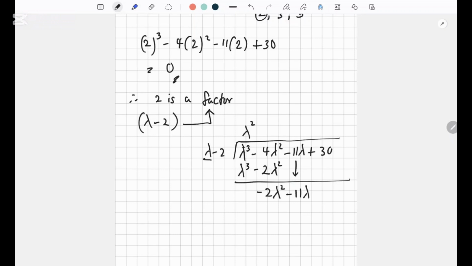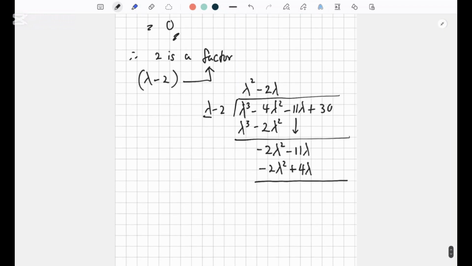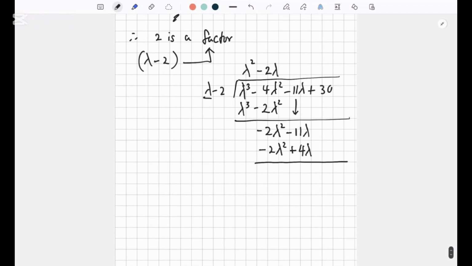And this minus 11 lambda comes down, minus 7 lambda. Now we divide minus 2 lambda squared by lambda, which is minus 2 lambda. And minus 2 lambda into lambda is minus 2 lambda squared. Minus 2 lambda into minus 2 is plus 4 lambda. And then you subtract these again, minus 11 lambda minus 4 lambda, giving you minus 15 lambda. Now you can take this 30 down, plus 30.